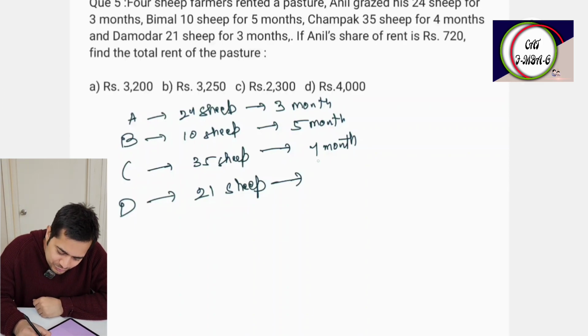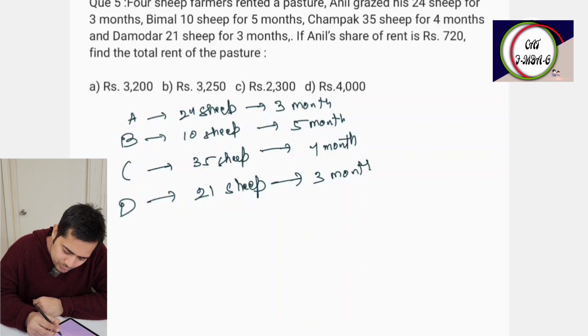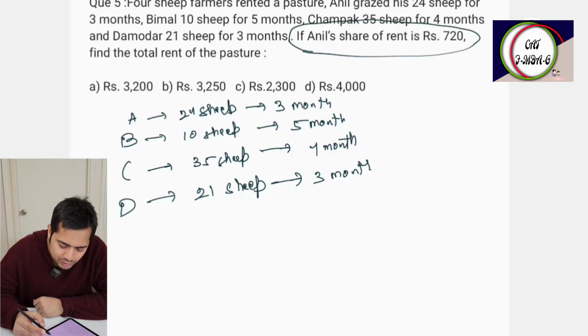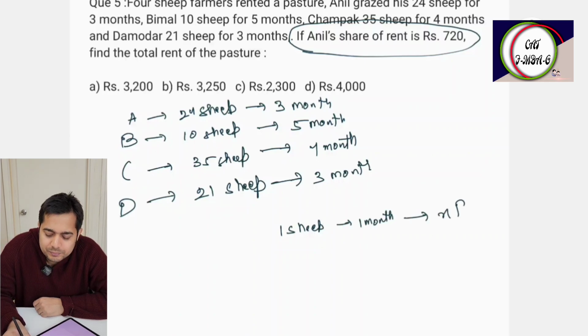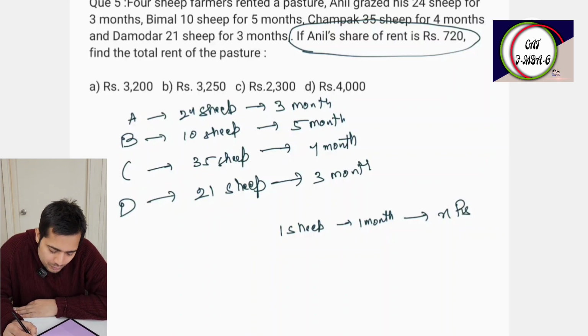Okay, so 24 for 3 months. And Anil's share of rent is 720. Find the total share. Let us say that one sheep for 1 month rent is x rupees. Simple.